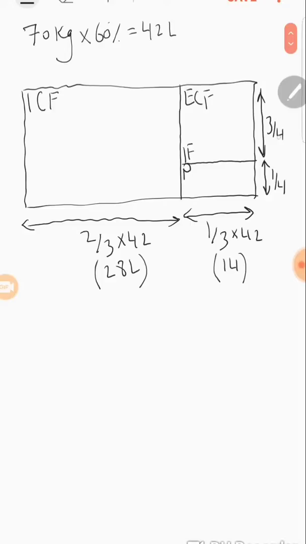So 3/4 of 14 liters is about 10.5 liters, and a quarter of 14 liters is 3.5 liters. So you can see that plasma is a relatively small proportion of your total body fluid.